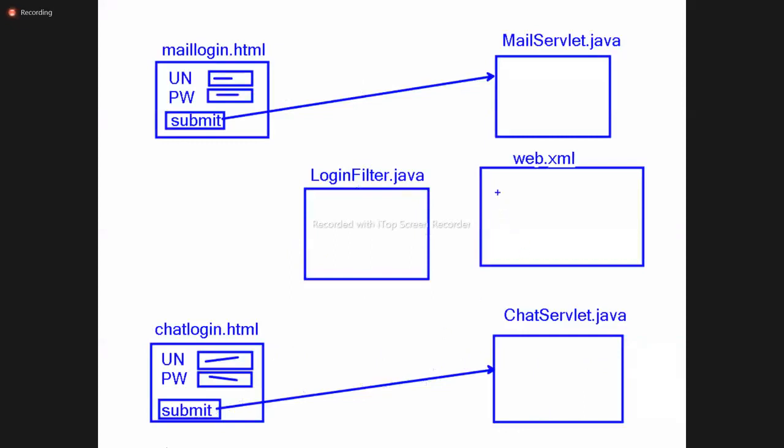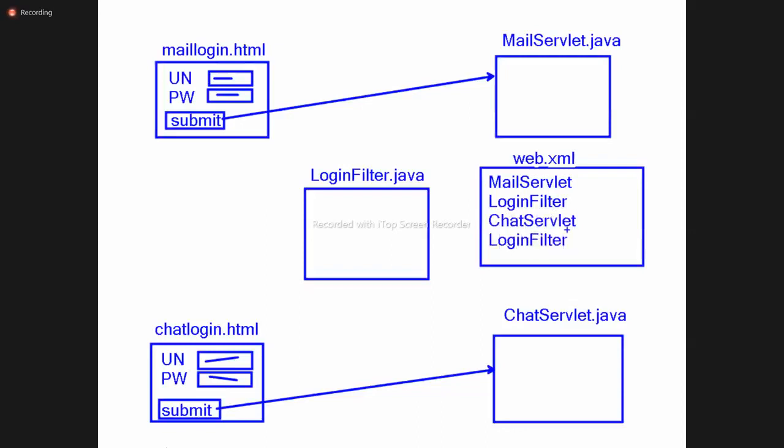How to insert? You will write: whenever a request comes to the mail servlet, divert the control to the login filter. Same style, whenever a request comes to the chart servlet, divert the control to the login filter.